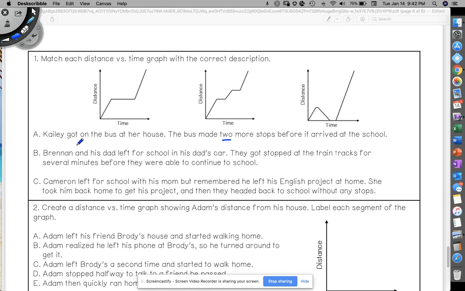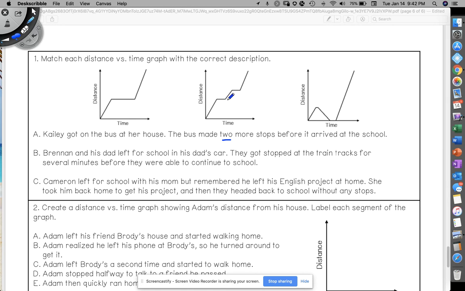So she got on the bus. So she's going away. So we should be moving out from the distance. Okay, so we're getting more distance. 2 stops before she arrived at school. All right, well, if I look at this one here, I can see that there's only 1 stop. There's only 1 flat area of rest. So obviously that's not going to work.